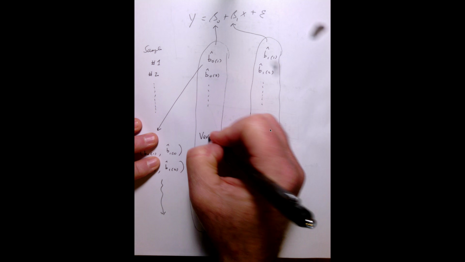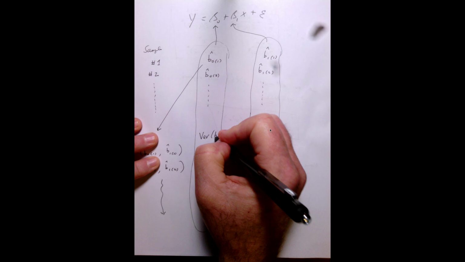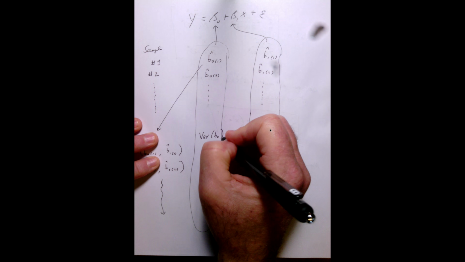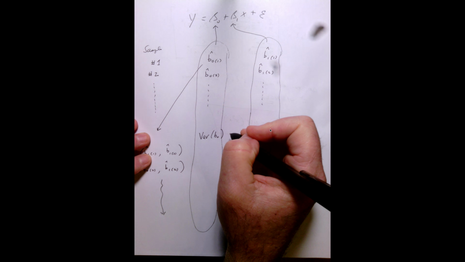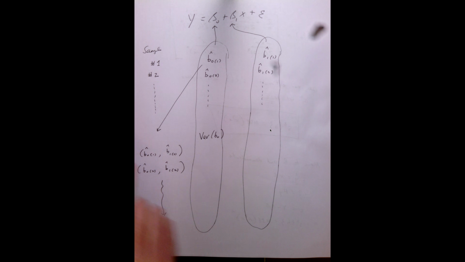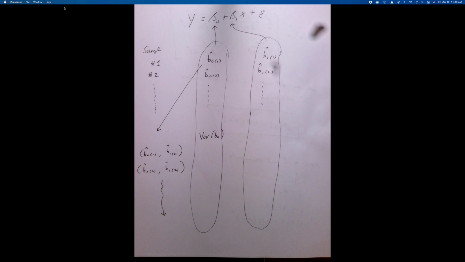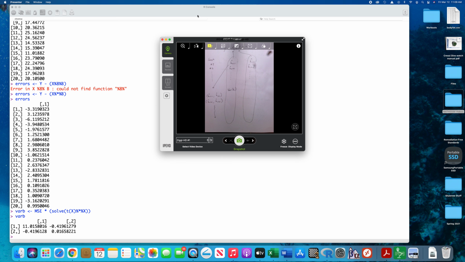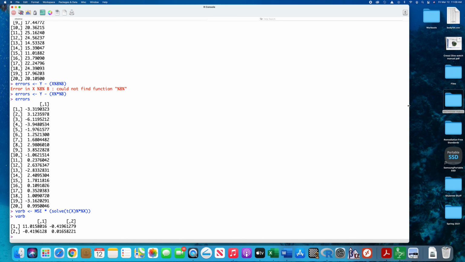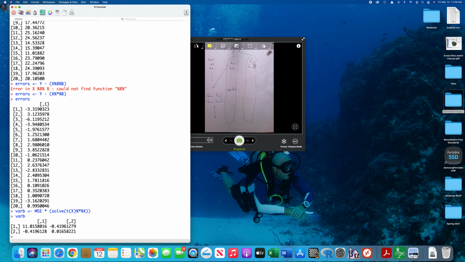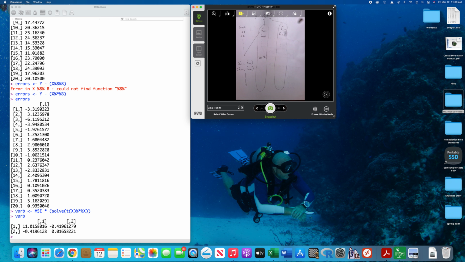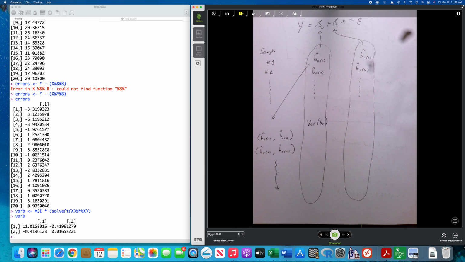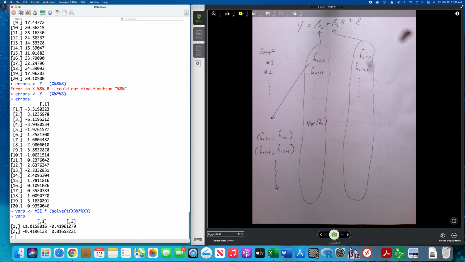So the variance of these beta 0 estimates is going to be this number right here, 11.02.